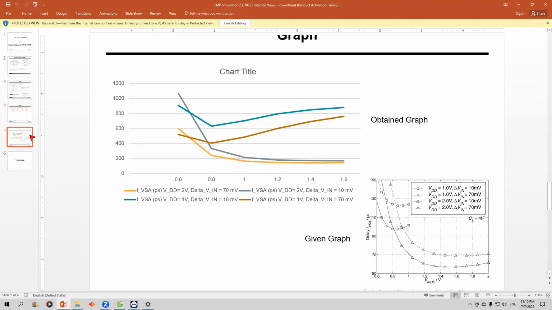This is 270. And those two are actually all right, because at 0.6 the graph really goes up.